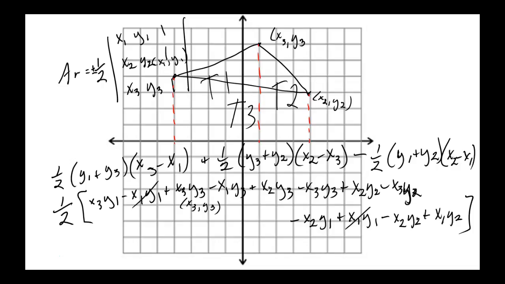I'm not sure they should, but it looks like they're going. x3 y1s, I don't see but one of those. x3 y3, there's 2 of those, plus and minus. x1 y3, I think there's only one of those. x2 y3s, only one of those. x2 y2s, there's 2 of those, one's plus and one's minus. And then we have x2 y1s. That's all that's left.